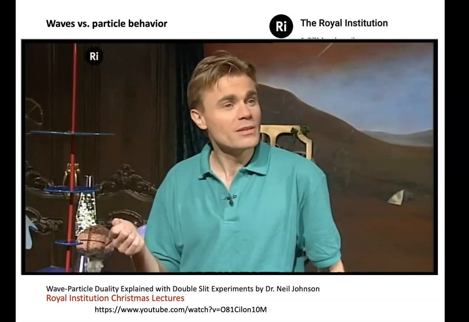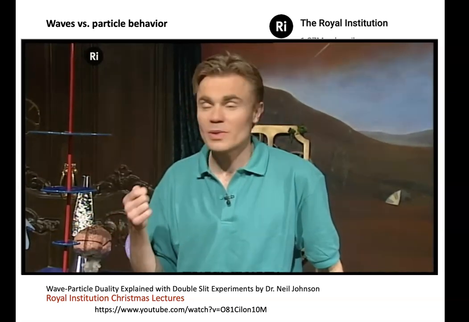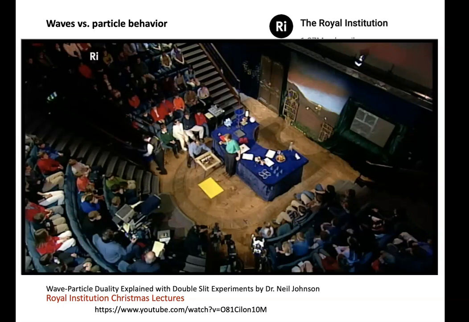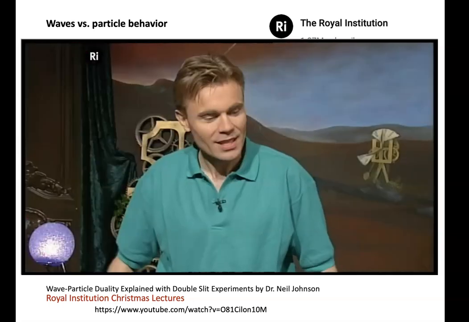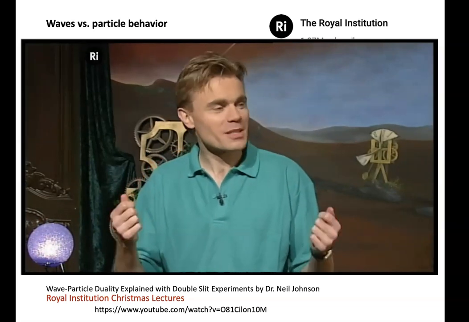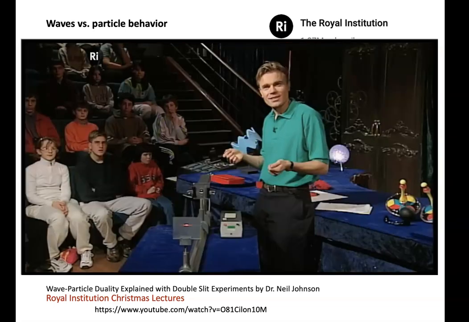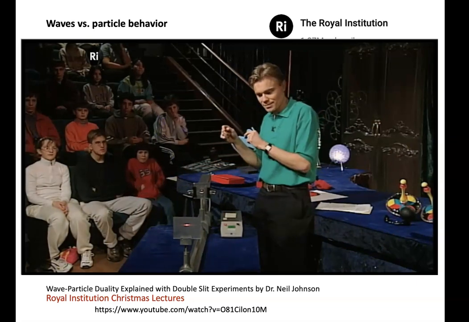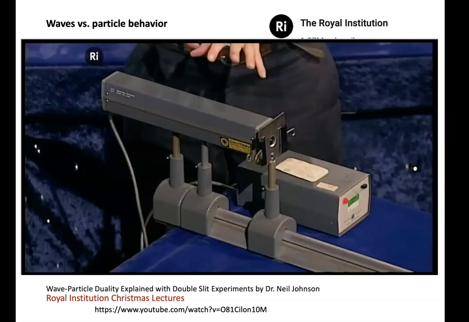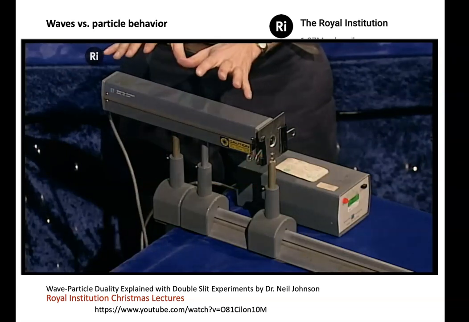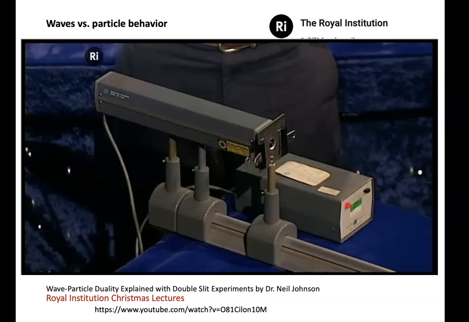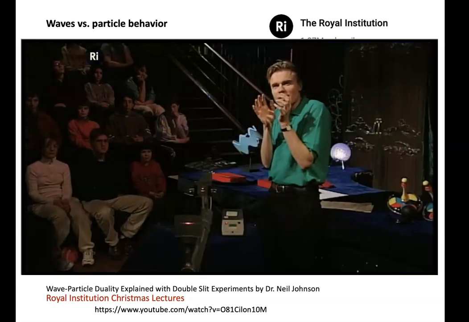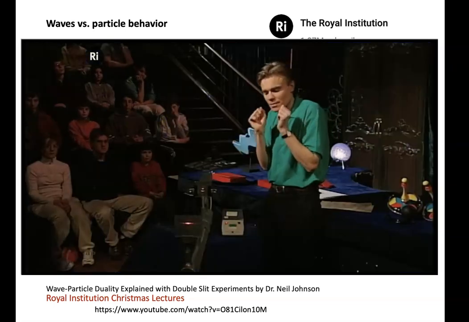I'm going to show you now what he saw with his light experiment. Here we have something very similar to the pond and the two ducks. Actually very similar to that tank with water and the two slits. Because here we have something that produces light. And the light passes through two slits, actually very close together, because light has a very short wavelength, a very small wave.